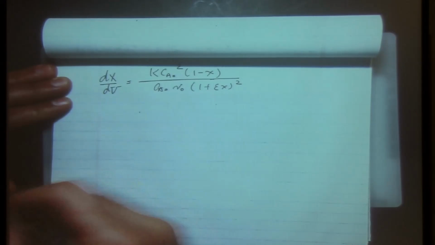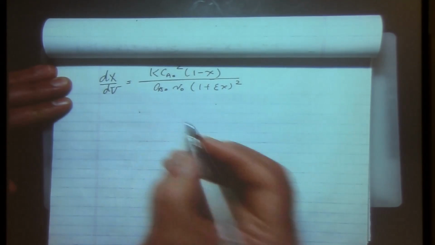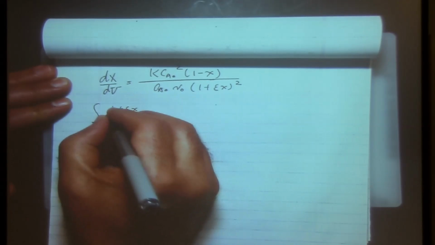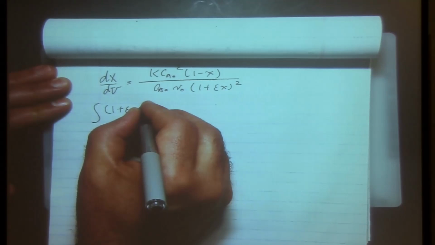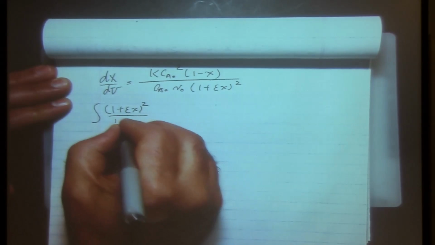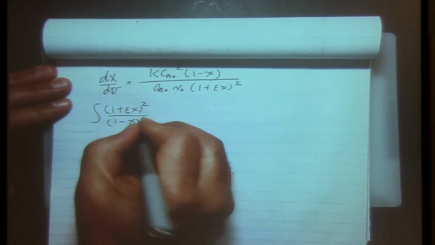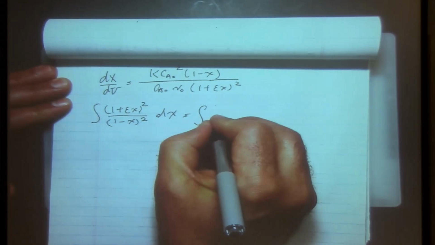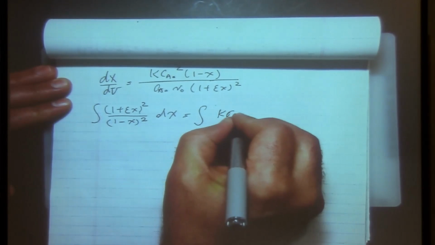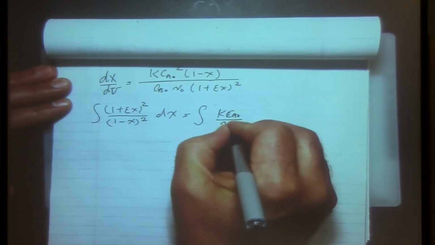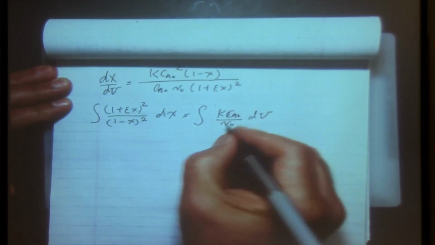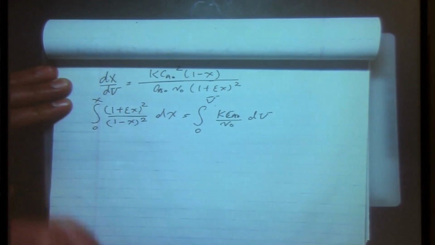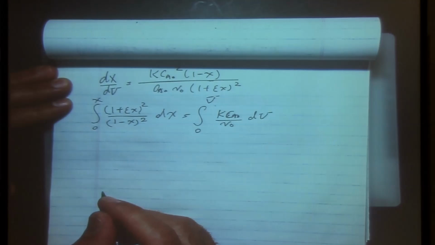So if you just go through the integration, there is a table of integration in the appendix of your book, so you can look at it. The integral of the x terms is equal to k CA0 over V0 dV. This is from 0 to V, and this is from 0 to x.